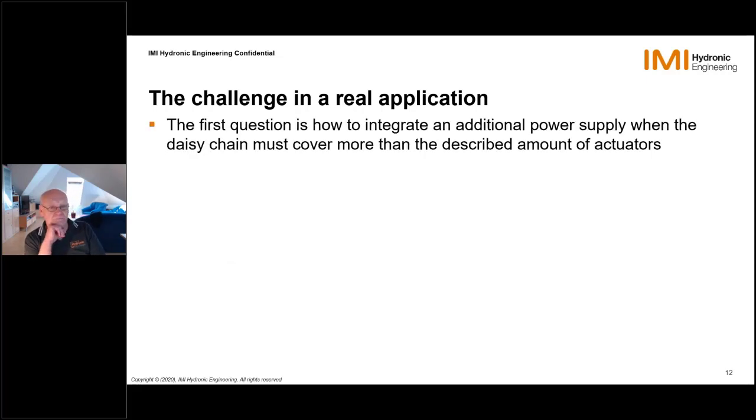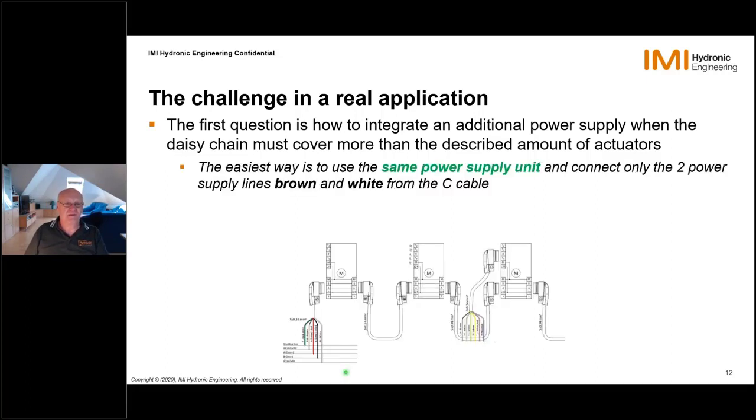Yeah, what's more? Of course, the first question is how to integrate an additional power supply when the Dasy chain must cover more than the described amount of actuators. So that is the first thing we can solve. That is relatively simple. The easiest way is to use the same power supply unit and connect only the 2 power lines, brown and white, from the C cable.